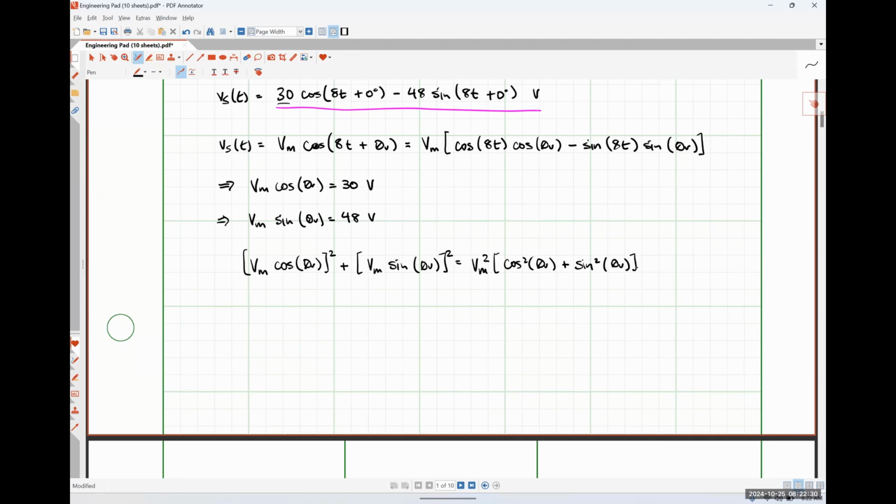Well, what's cosine squared plus sine squared theta v? 1, right?